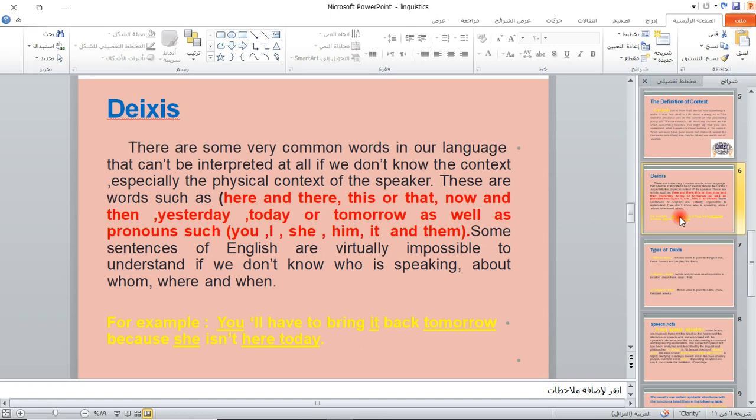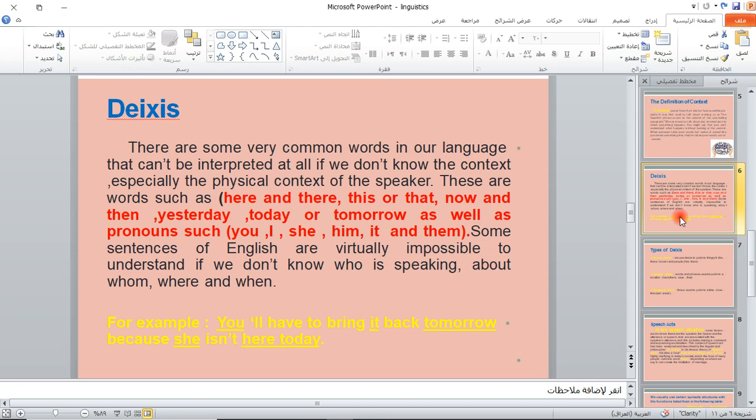Deixis is another topic in pragmatics, meaning العبارات. There are some very common words in our language that cannot be interpreted at all if we do not know the context, especially the physical context of the speaker.